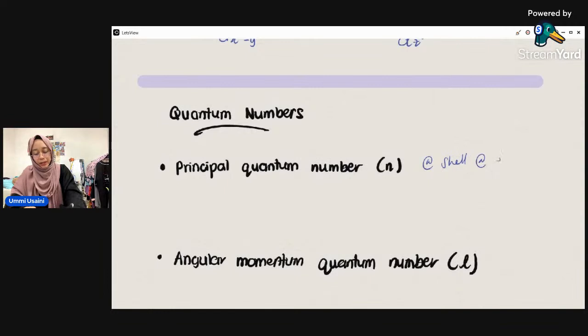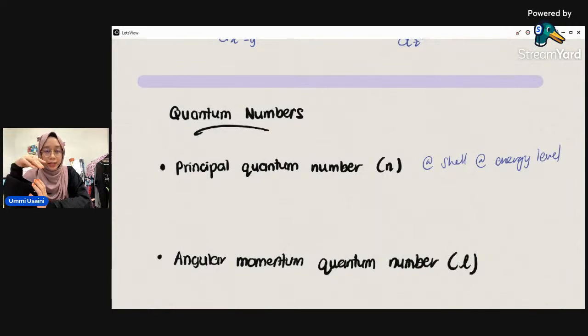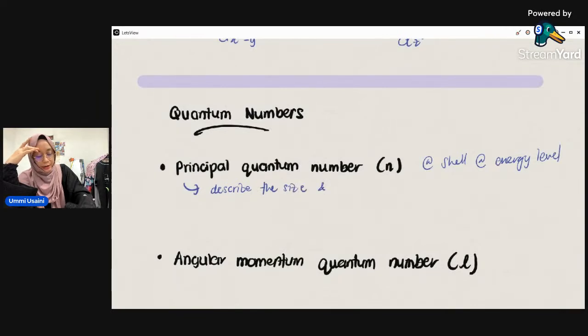Sometimes kita panggil dia sebagai energy level. Okay, tapi kalau in terms of quantum number sendiri, nama dia sebenarnya adalah principal quantum number. So dia ada berkaitan dengan size. Okay, so it describes the size and also energy of orbitals.